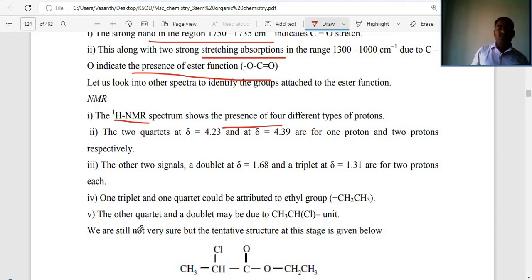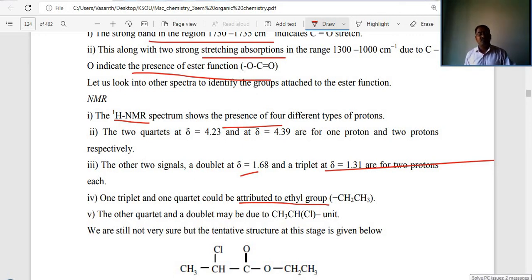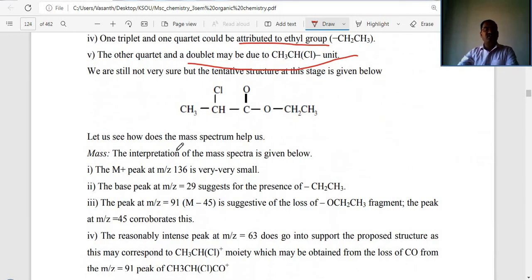The other two signals are a doublet at delta equal to 1.68 and a triplet at 1.31. One triplet and one quartet would be attributed to an ethyl group. The other quartet and doublet may be due to a CH3CHCl unit. This is what the benzene is.